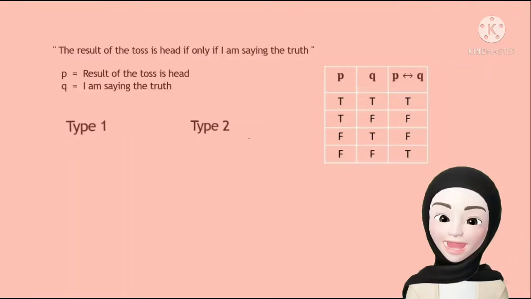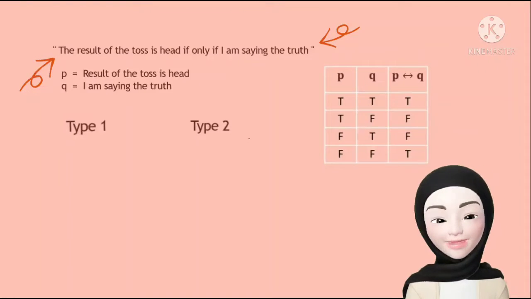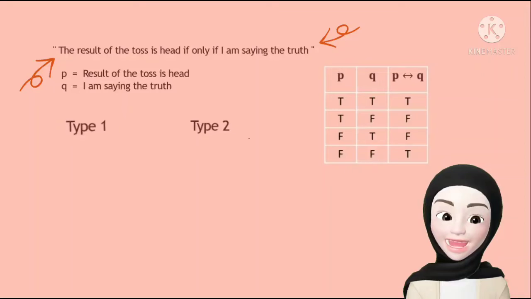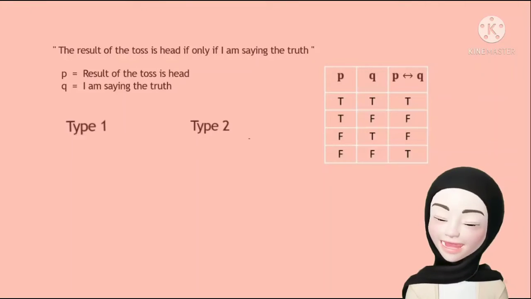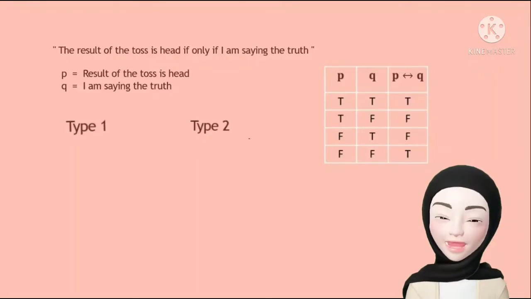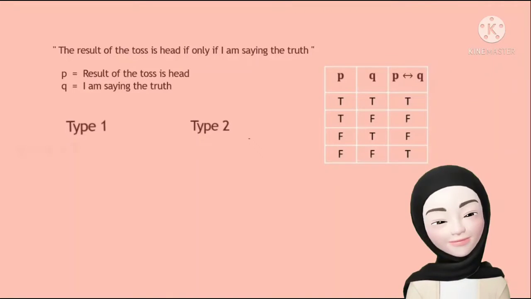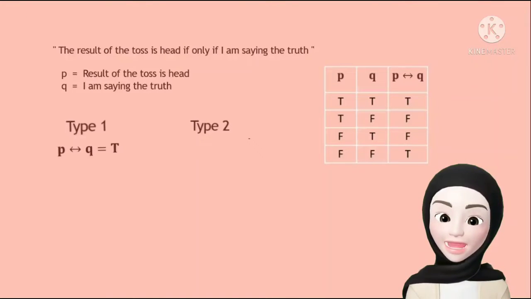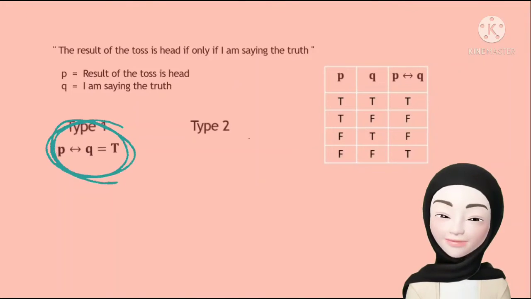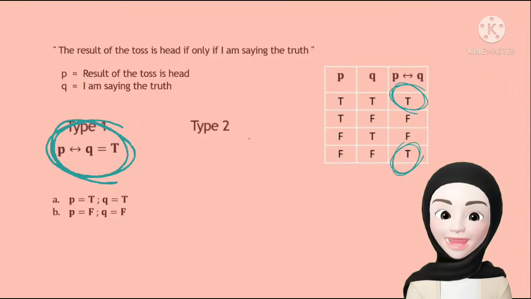If type 1 people receive a fair coin and upon asking him, he replies the result of the toss is head if and only if I'm saying the truth. Now, we know that whatever he's replying is actually true, because type 1 always tell the truth. Therefore, P biconditional Q has to be true. Now, this statement can be true if P is true and Q is true, or P is false and Q is false.